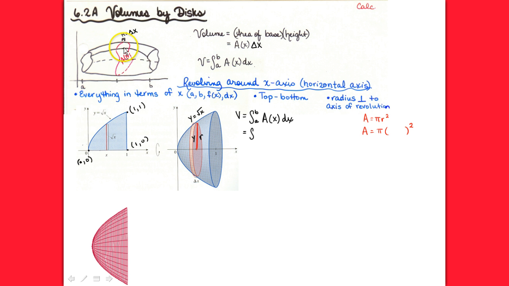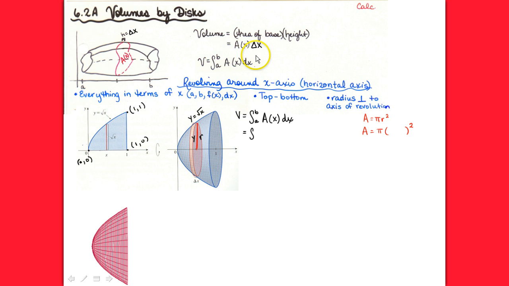And this would be its surface area, and its thickness would be its height, right? So the volume would just be this surface area times its thickness, its height, its change in x.